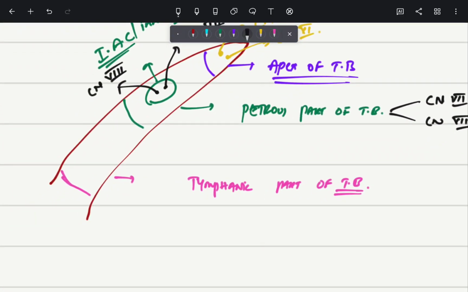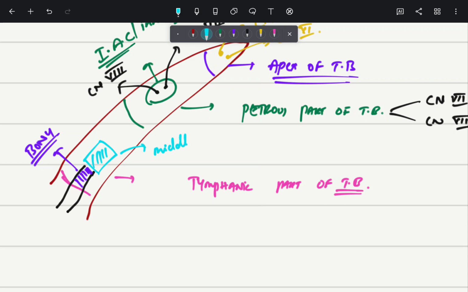Now we have to see what passes through the tympanic part of the temporal bone. Here is the external auditory canal. I already told you the external auditory canal is divided into the outer cartilage and the inner bony part. The bony part of the external auditory canal is in the tympanic part of the temporal bone. And not only that, you have the middle ear, which is also present in the tympanic part.